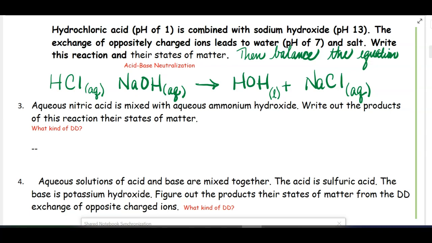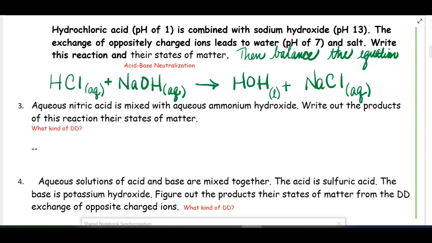So you should have hydrochloric acid plus sodium hydroxide forms HOH, water, plus salt, NaCl. All right, so see if you got that correct. Did you get that equation correct? So you need to be able to write these now.